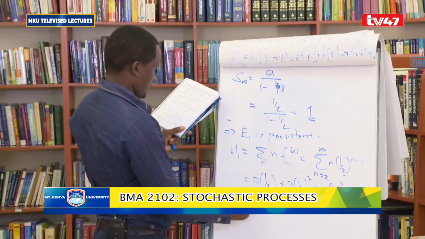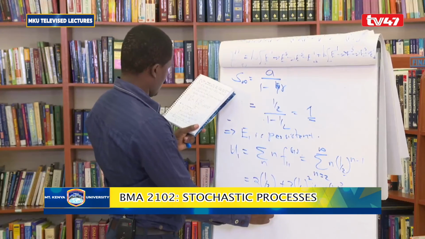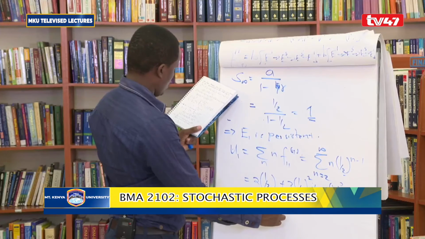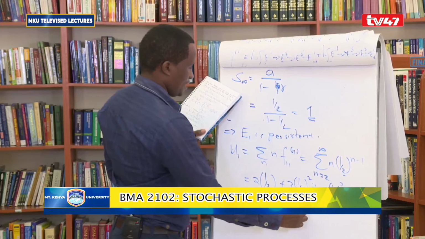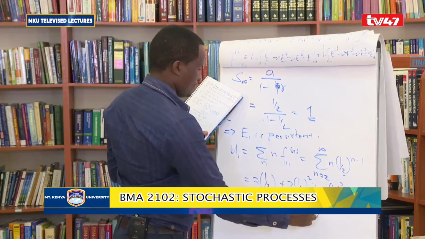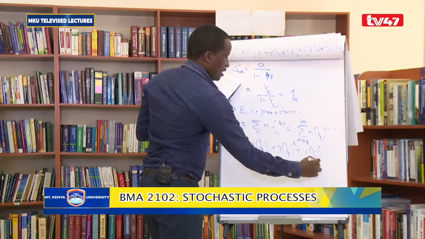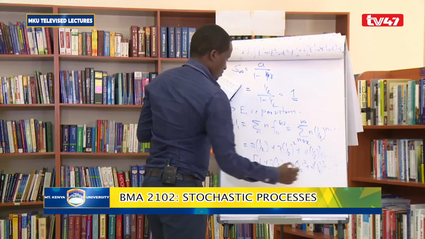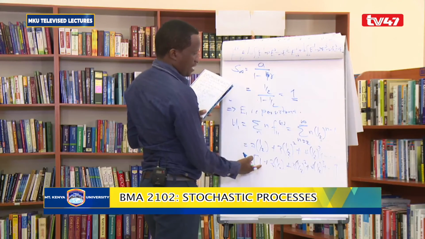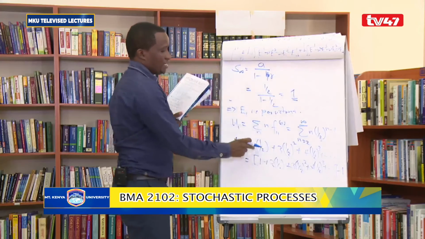Now this is the same as 1 plus 2 a half plus 3 a half squared plus 4 a half cubed plus all the way to infinity. But because I've introduced 1 here, I need to subtract it out here so that it remains this way.